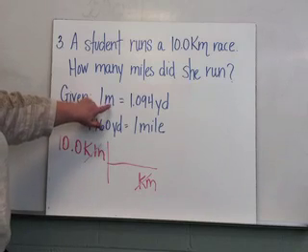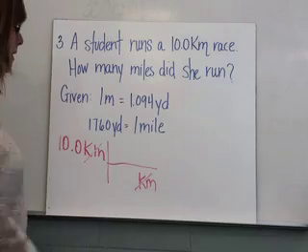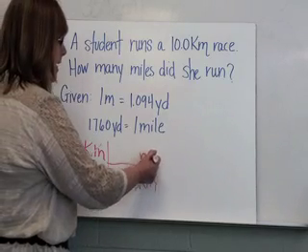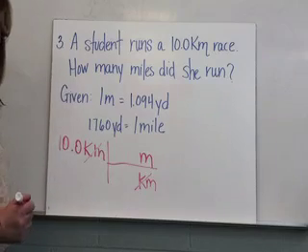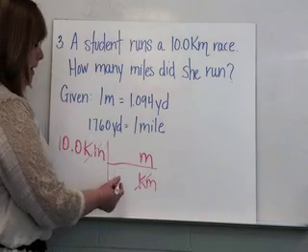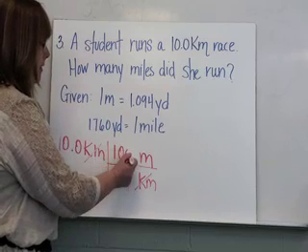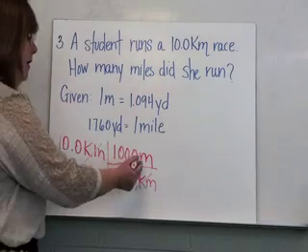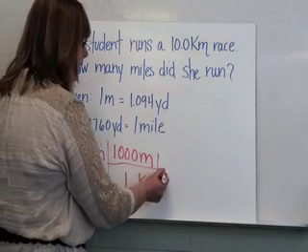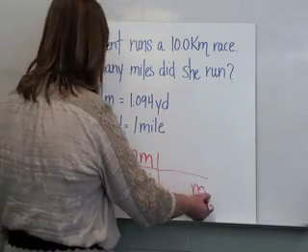Well, I do know a meter is 1.094 yards. So maybe I can put my meter there. And we learned in our prefix unit, and we did need to have this memorized, that 1 kilometer is 1,000 meters. Okay, now our unit is meters, but we don't want meters, so we're going to put that in the denominator.